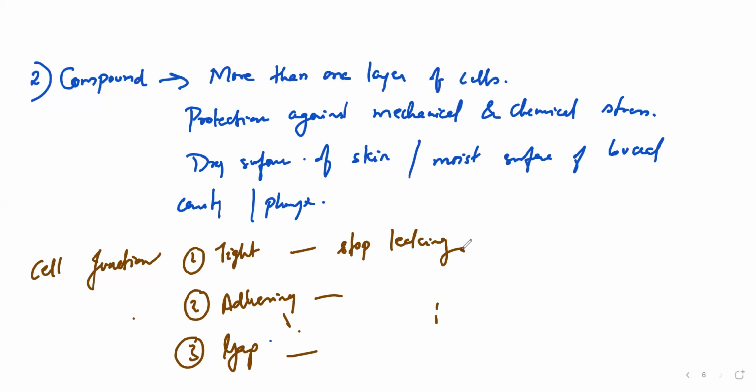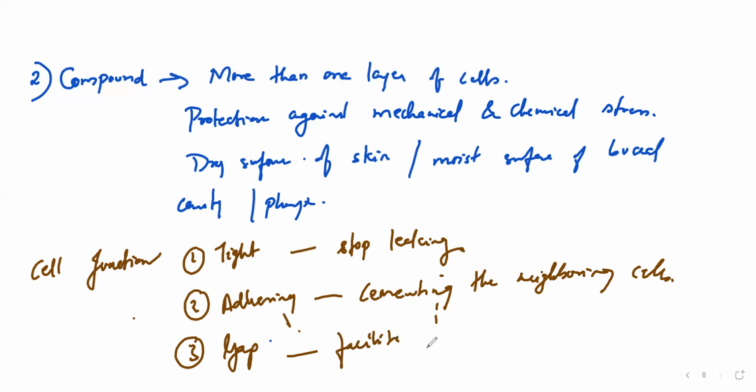Here they perform the function of a cement, cementing the neighboring cells. Whereas gap means there will be a certain gap, which can facilitate communication.